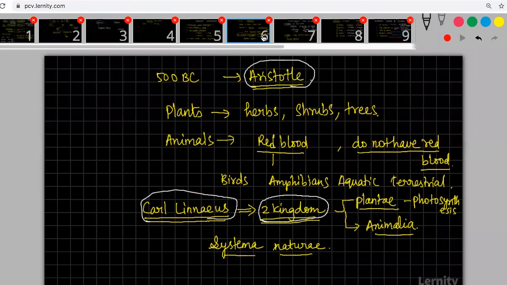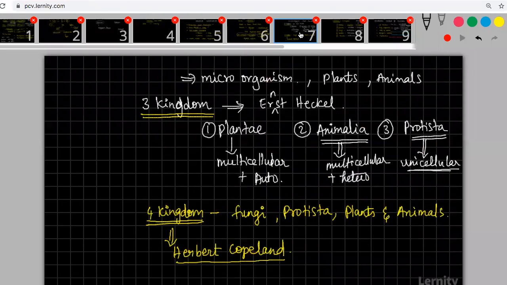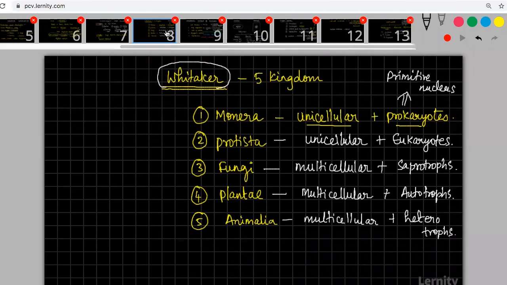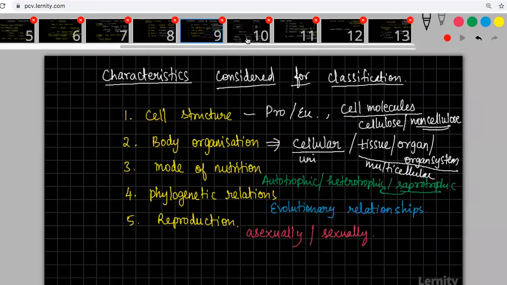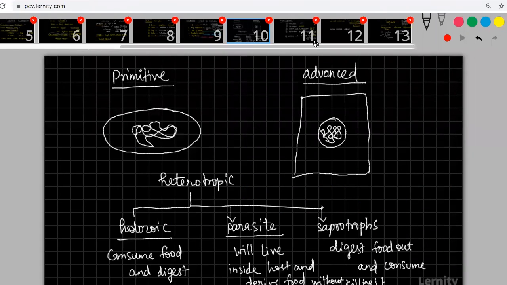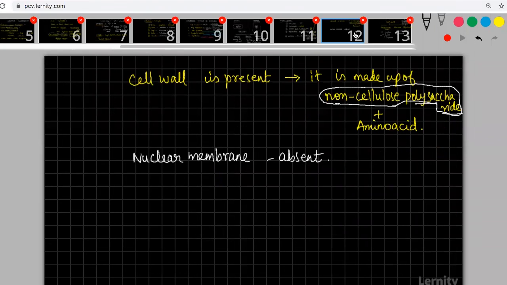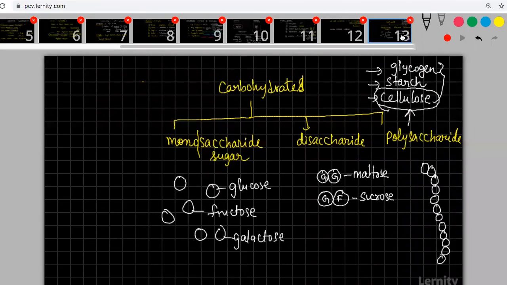Slide 6, slide 7, slide 8, slide 9, slide 10, 11, 12, 13.